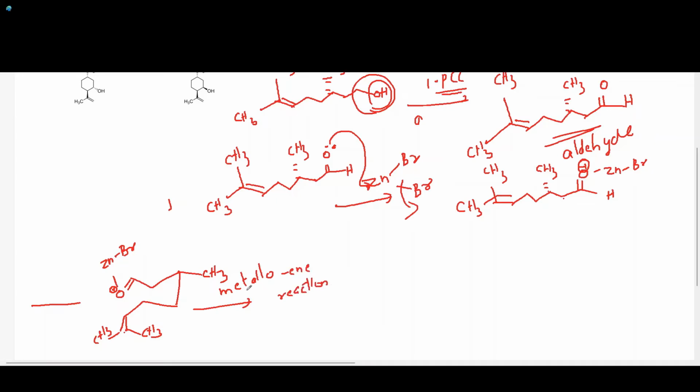So what happens here is, we'll just name it first, 1 2 3 4 5. I think somewhere we missed it. So when we name it, I'll name it like this, 1 2 3 4 5 6 and 7.